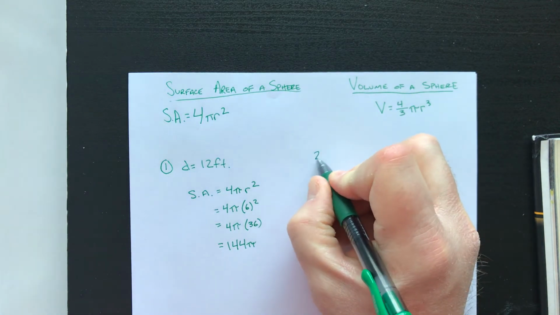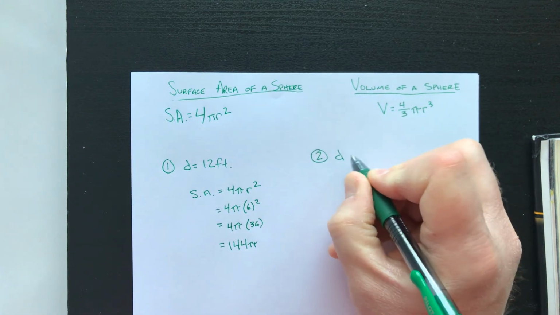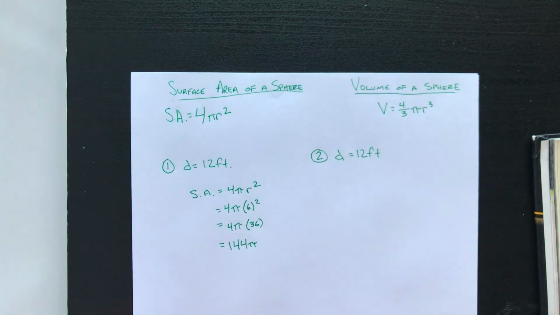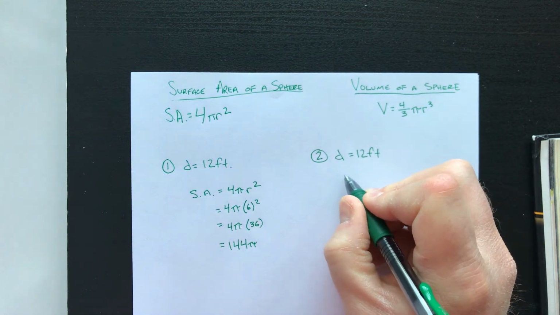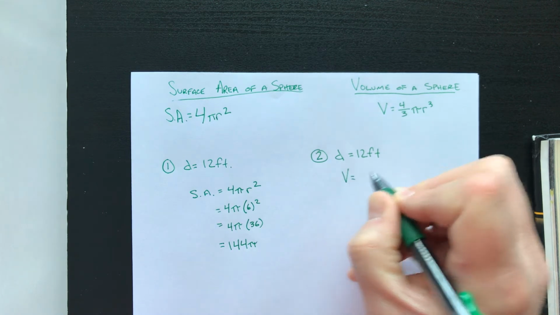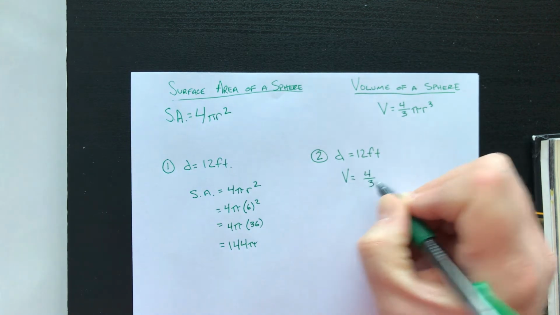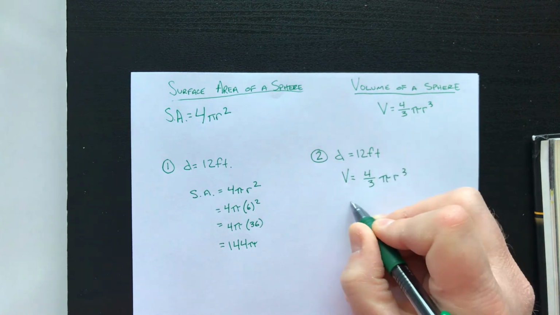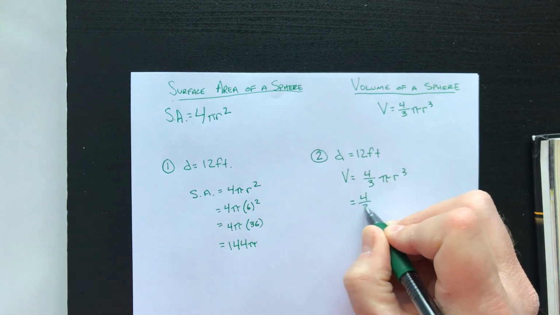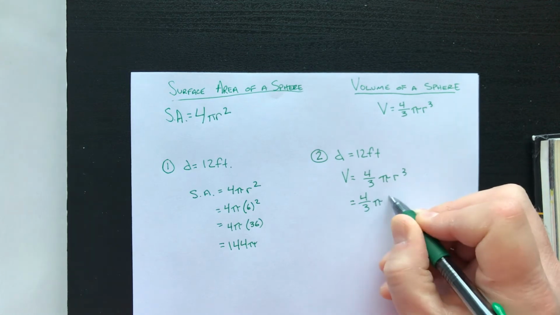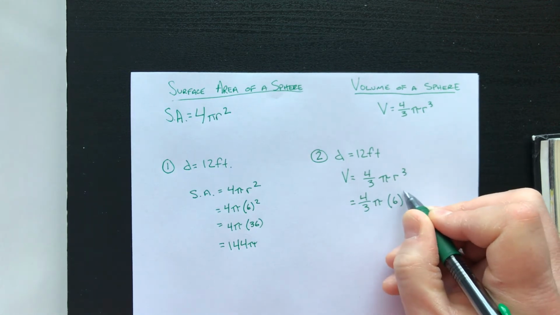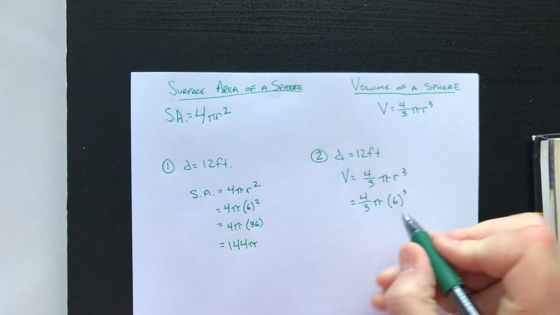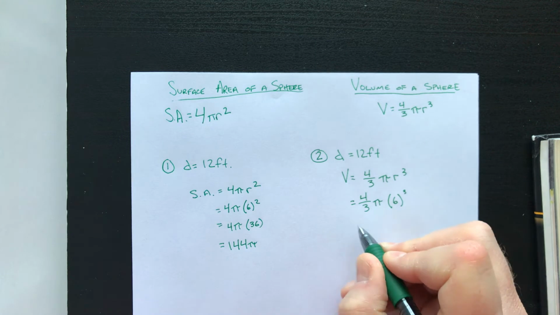Number 2, we're using the same diameter, the diameter of 12 feet, but we're trying to find volume, and they want it to the nearest tenth here. And remember, volume is 4/3 pi r cubed. So it's 4/3 pi. Our r is 6, and that is cubed. So 6 cubed is 216.